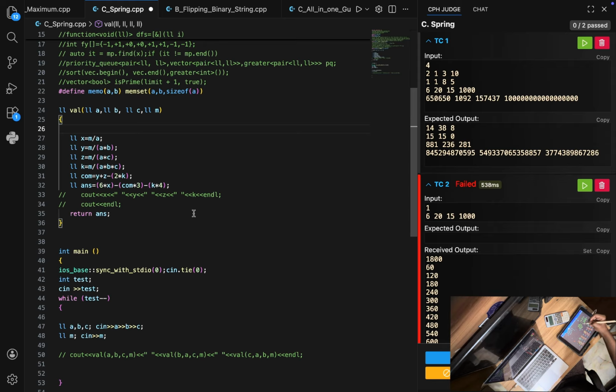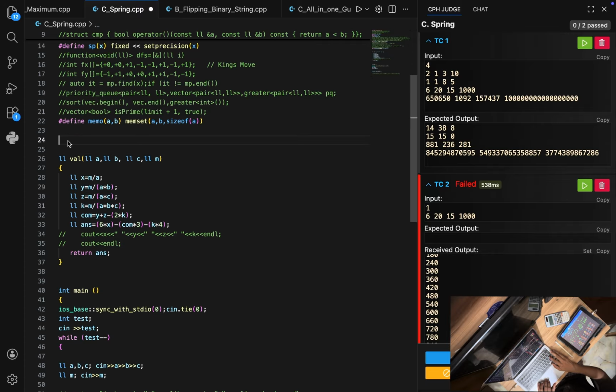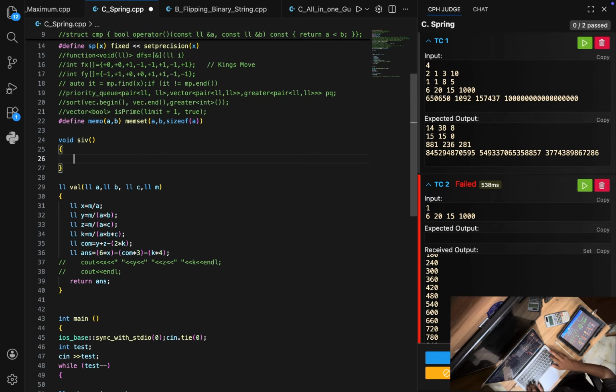Let's say I have 6, 20, 15. First value which is divisible by all three of them. Should I do a sieve? Or it will take too much time.